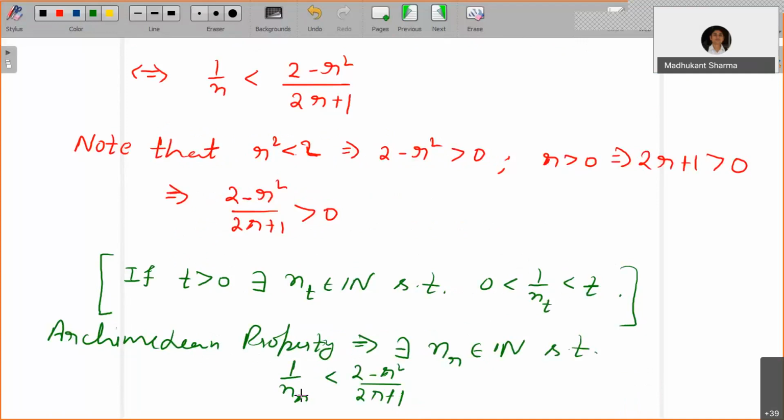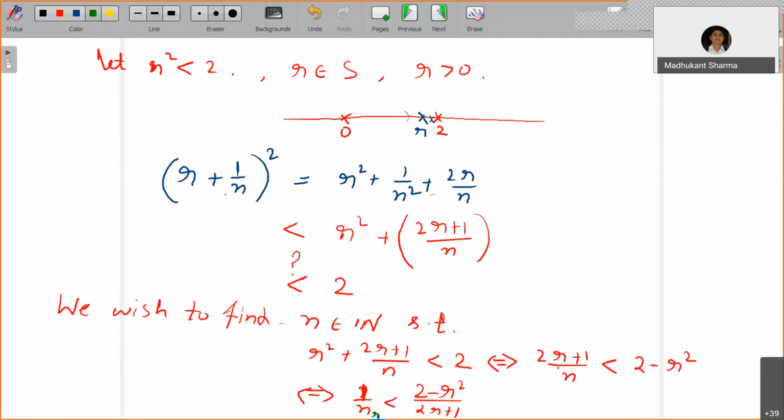So such an n exists. Now you go back and replace n by n_r. Everything remains the same, and this is going to be less than 2.